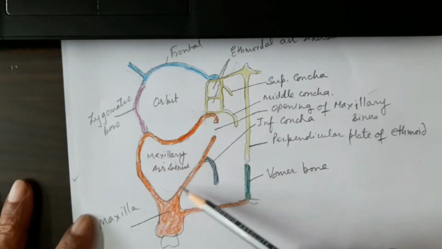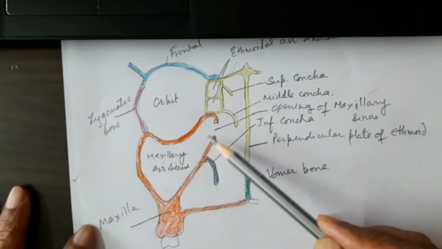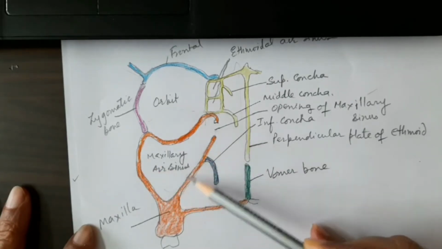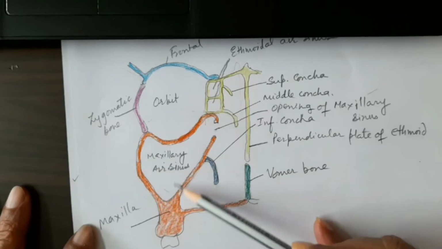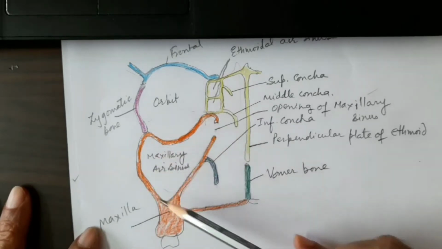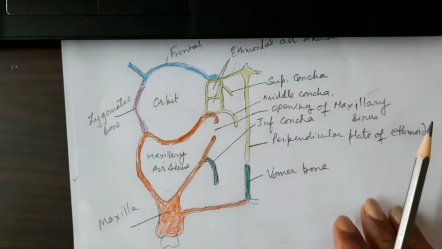This is the body of the maxilla, and this is the opening of the maxillary sinus, which is situated at a higher level than the floor. So the pus collected in the floor of the maxillary air sinus is difficult to drain in the anti-gravity direction. I hope that you have understood the bones which form the maxillary air sinus.